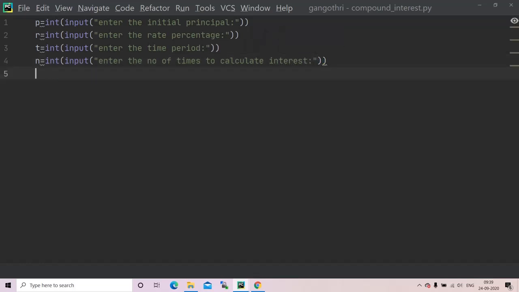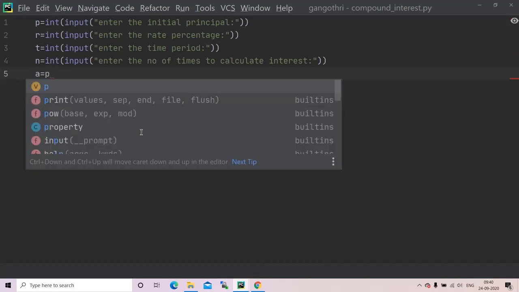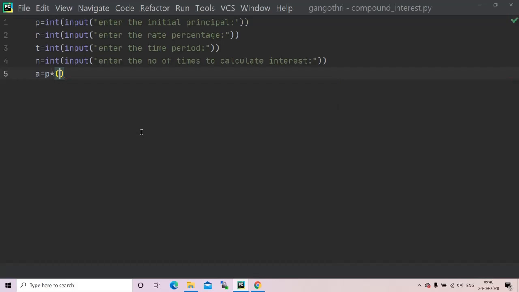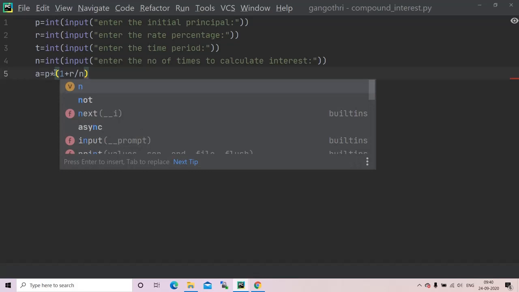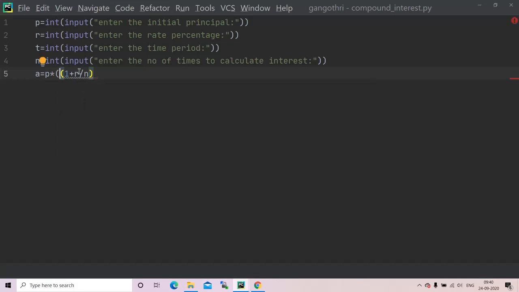Now finally let us give a total amount. Let the total amount be A, P into (1 + R/N), whole power N T. Okay.